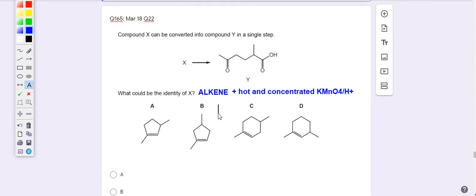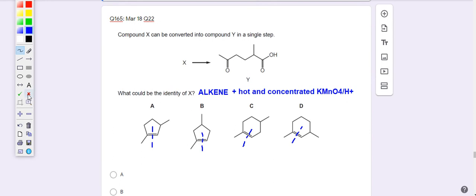That way, you can break open the double bond. Now if compound A is broken, it will be broken like this. Compound B will be this, compound C, compound D.